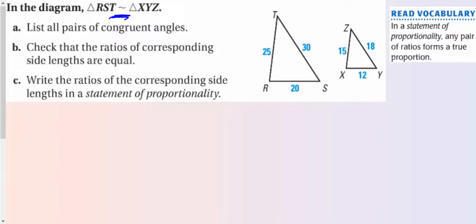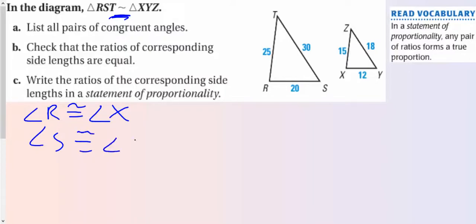List all pairs of congruent angles. So again, I don't even need that picture for this. R is congruent to X, S is congruent to Y, and I'm just looking at the statement above. I'm not even looking at the picture. And T is congruent to Z. Check that the ratios of the corresponding side lengths are equal.